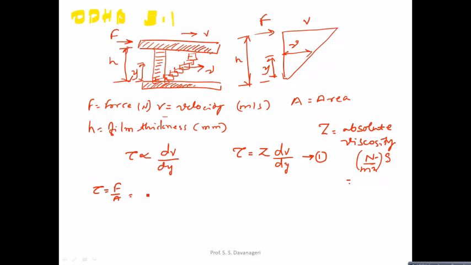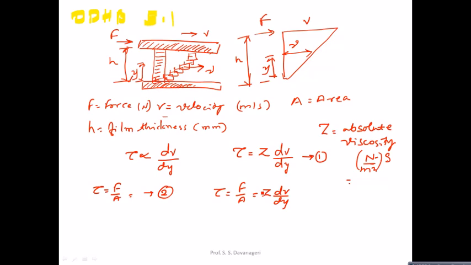Now, in general, we are going to define the stress as the force by area. Now let us notify this as equation number 2.